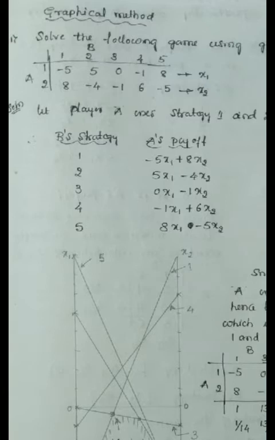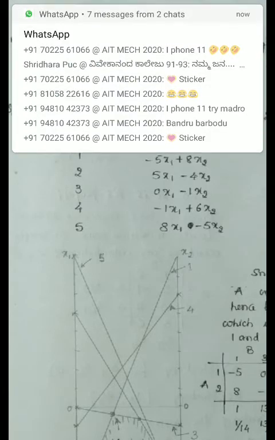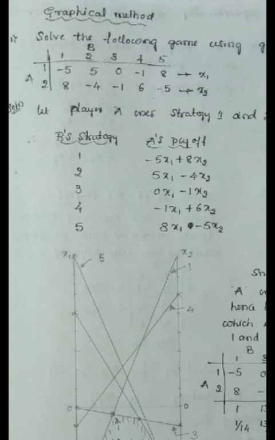Assume that A uses the first strategy in proportion x1, second strategy in proportion x2. If A uses the strategies 1 and 2 in x1, x2 proportion, and B uses the first strategy, we should prepare a table like this: B strategy and A's payoff.